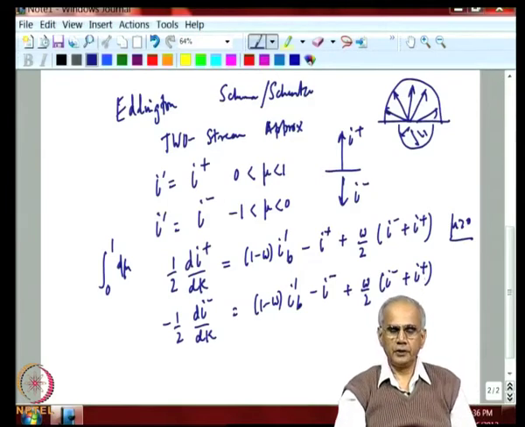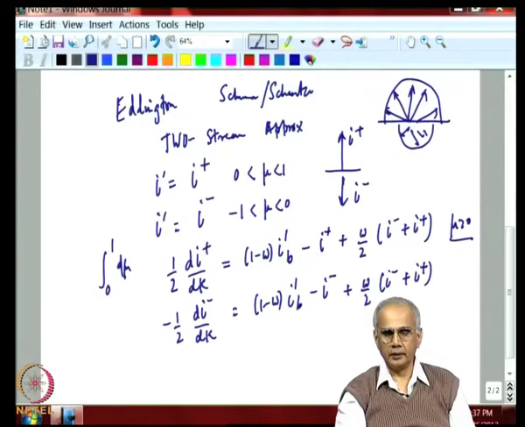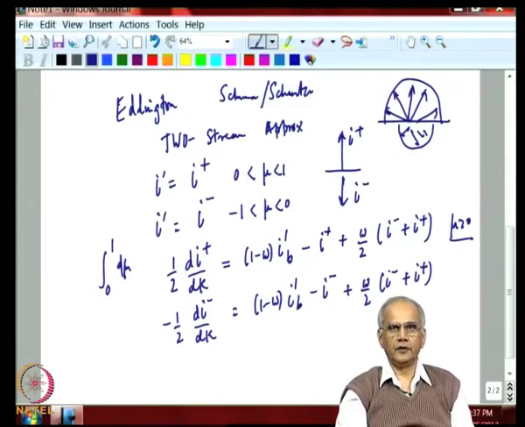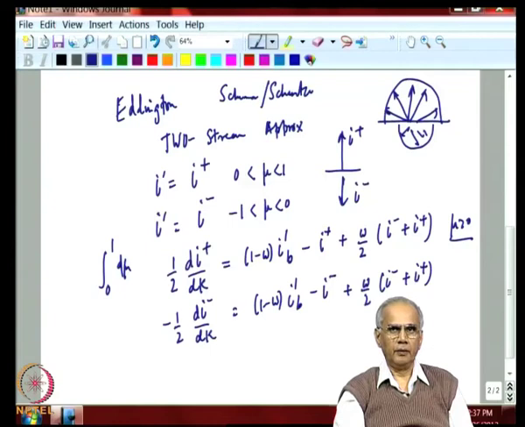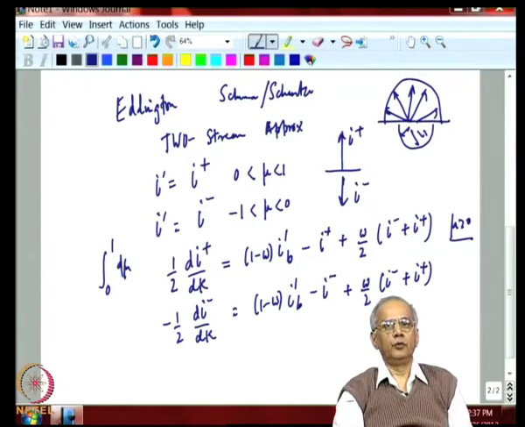So, the main difference that came in this integration over angle is in the first term on the left hand side, where mu d mu integrated to plus half in the upper quadrant and mu d mu integrated to minus half in the lower quadrant.